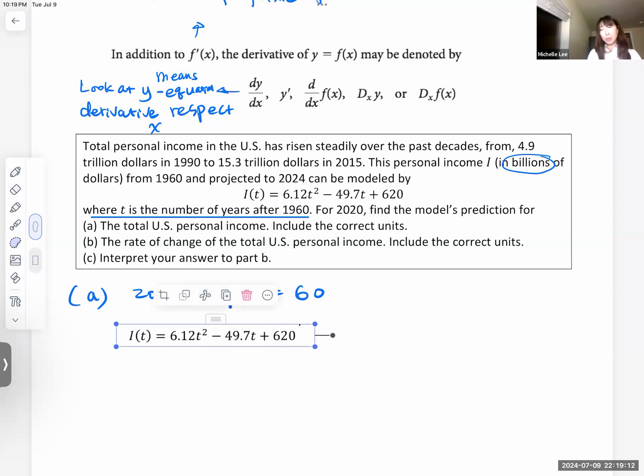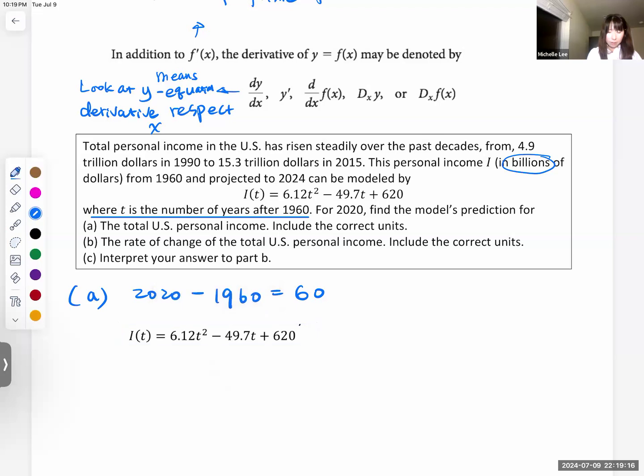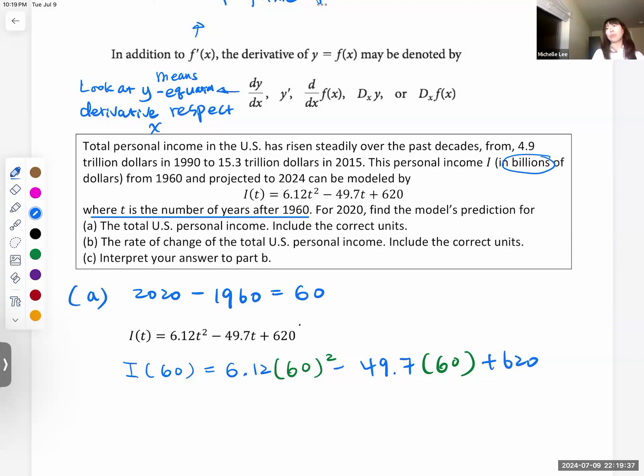Okay, so let's substitute t equal to 60. So I of 60 equals 6.12 times 60 squared minus 49.7 times 60 plus 620, right?